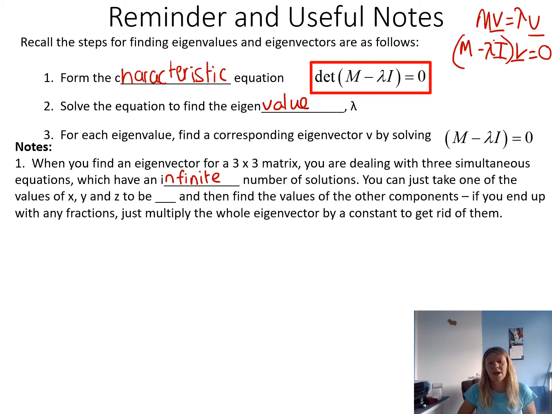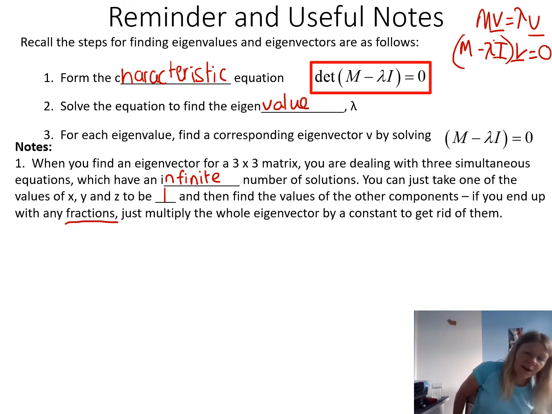What you do if this is the case, you just take one of the values x, y, and z to be a value. Let's pick 1. And then find the other values for corresponding components. If you end up with any fractions, whoa, boo, we don't like fractions. Just multiply the whole eigenvector by a constant, get rid of them. They won't in the exam allow you to leave fractions in your answers for eigenvectors. Remember that.